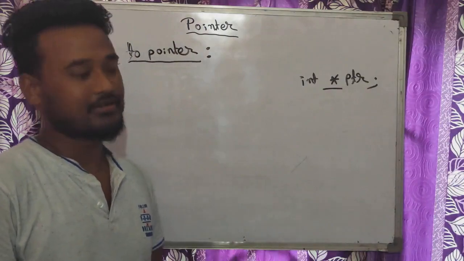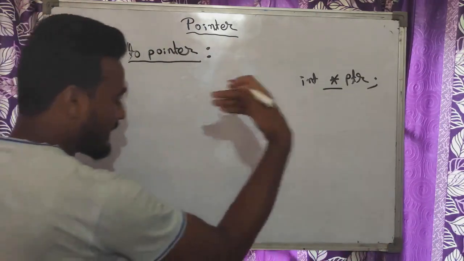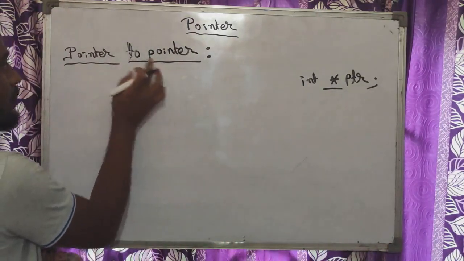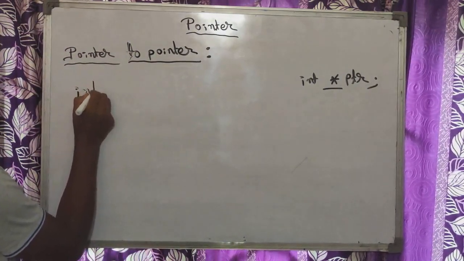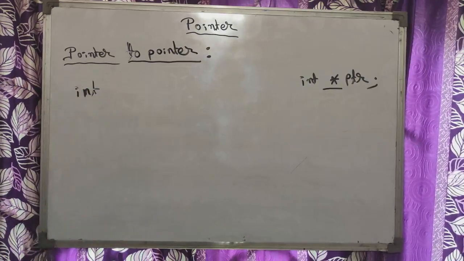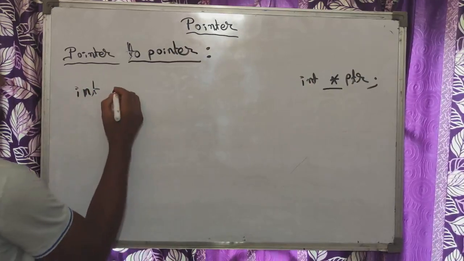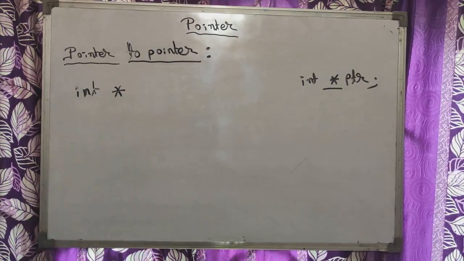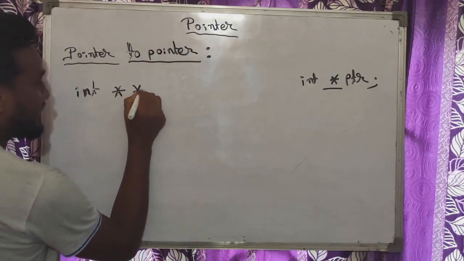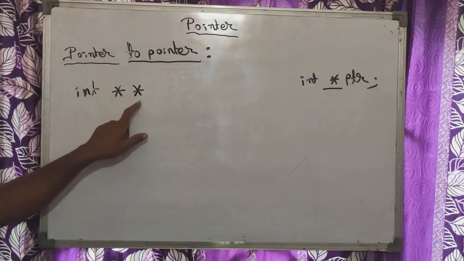Okay, in pointers, to declare this pointer to pointer variable, we generally declare the same data type. Then we need this asterisk operator, and then another asterisk operator, because of the two-dimensional array.